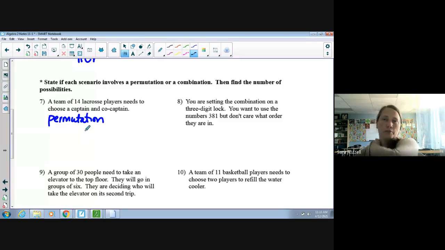So how many total people did we have to pick from? How many total altogether? How many people are on the team? 14. And we want to pick how many slots or how many places are we filling? 2, captain and co-captain. So this is going to be 14P2.